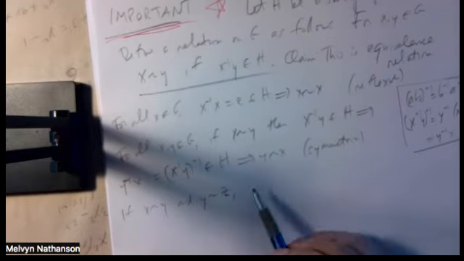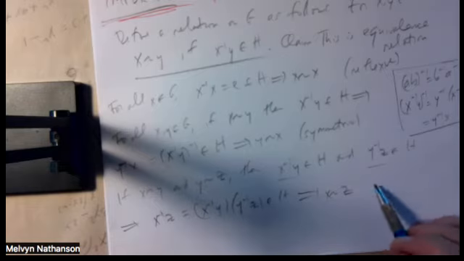And the third thing we have to do is show that it's transitive. So if x is related to y and y is related to z, then x related to y means x inverse y is in H. And y related to z means y inverse z is in H. So these are two elements of H, and H is closed under multiplication.